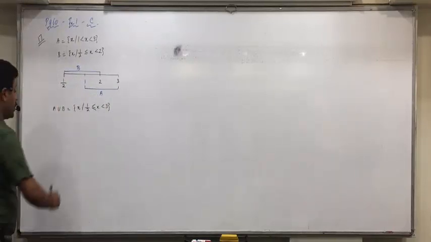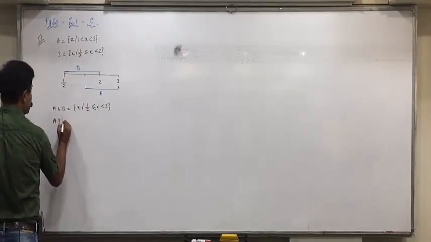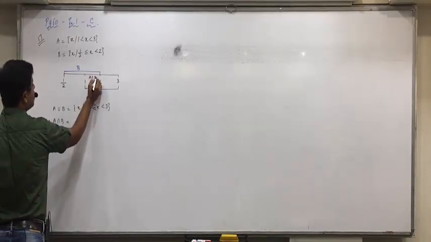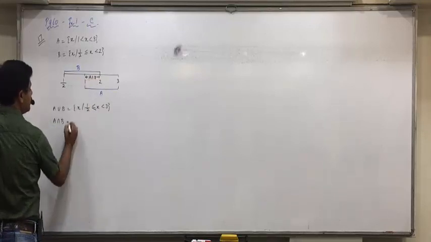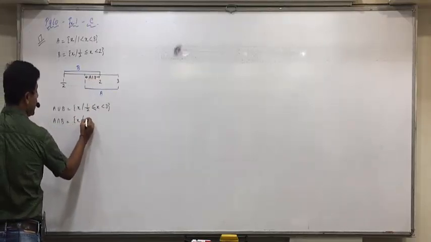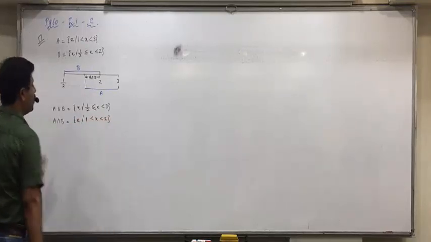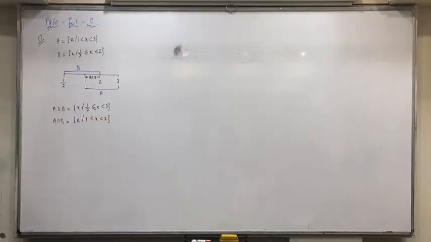Understood this? Now A intersection B. See the number line. Can I say this part is A intersection B, common in both? That is x such that 1 < x < 2. 1 to 2 is common in A and B. Did you understand it, everyone?